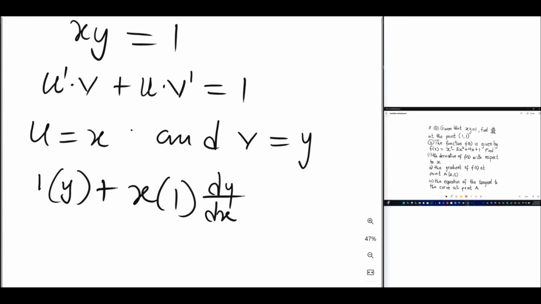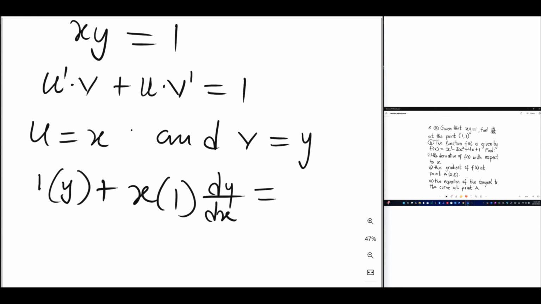I have explained it in the first video under how to differentiate implicit functions: why anytime you differentiate the dependent variable, you must multiply it by dy/dx, which is the same as y prime.